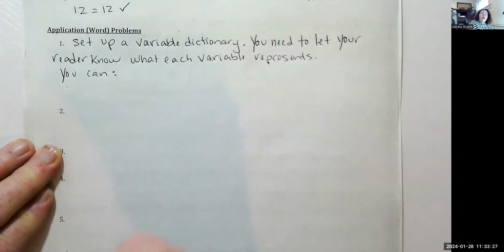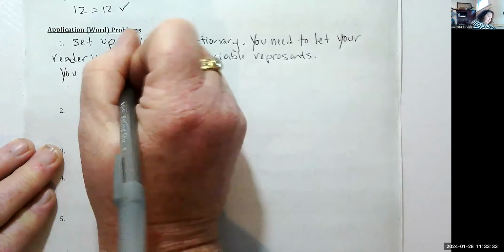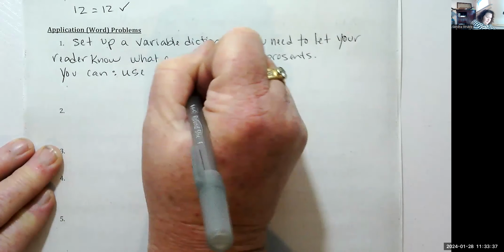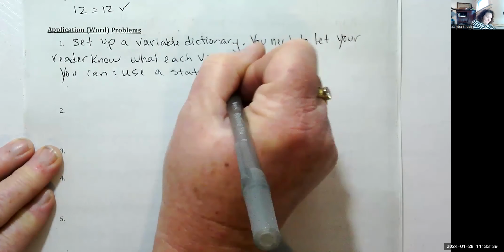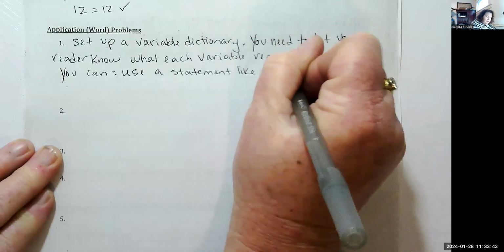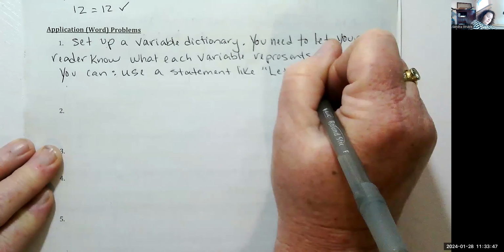Here's what you can do. You can use a statement like, let P represent the perimeter.